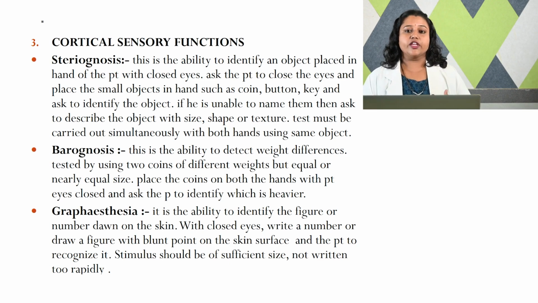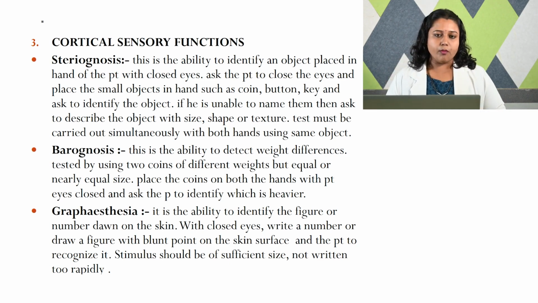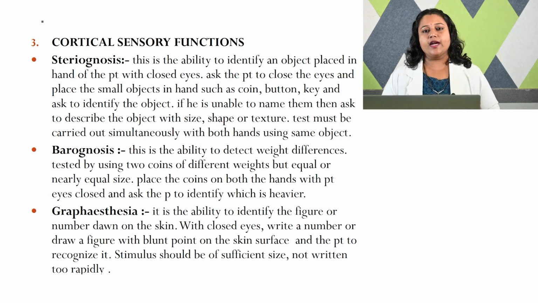We can draw small numbers, alphabets, or simple shapes. The shape should be simple and written slowly on the skin so that the patient is able to recognize and understand it.